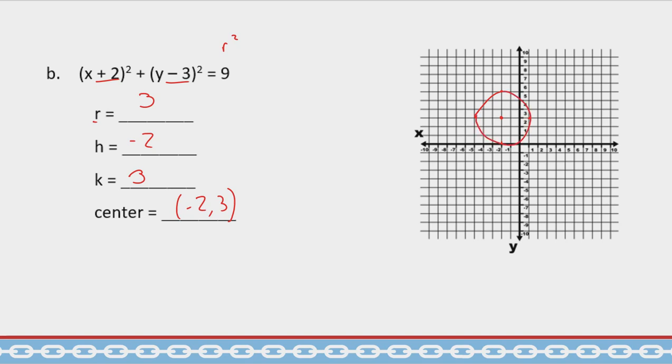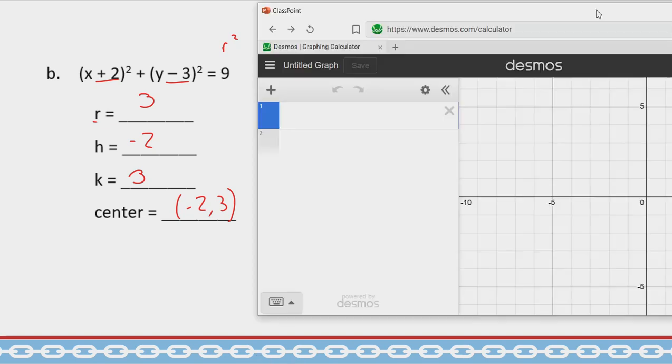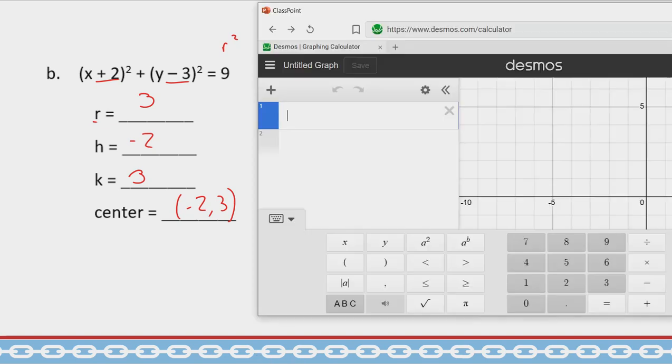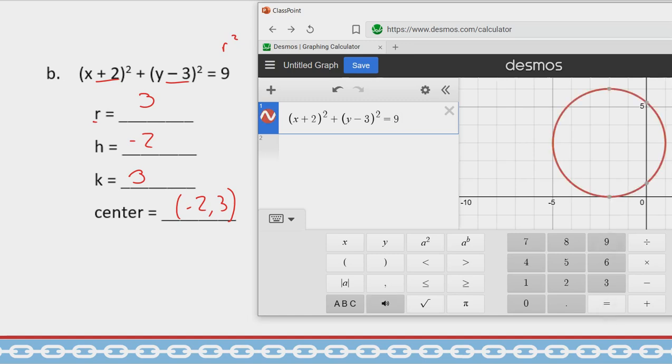If you get hung up on any of these, you can always graph these in Desmos. So let's get Desmos up on the screen here. I'm going to type in x plus 2 squared plus y minus 3 squared equals 9.